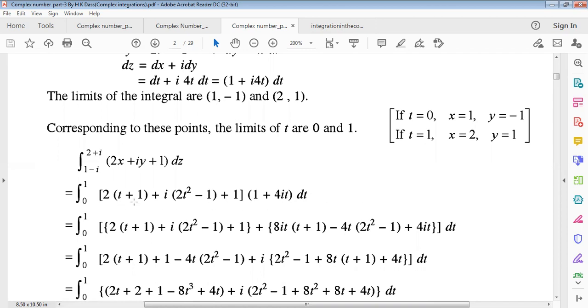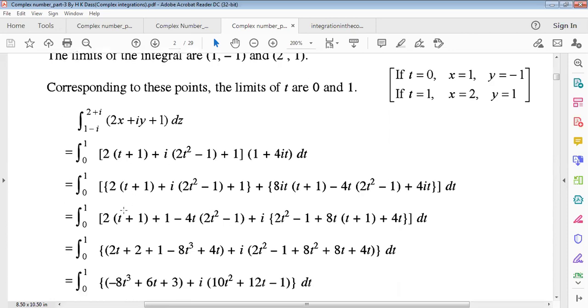Converting to t, now 2 into t plus 1, i into 2t square minus 1, plus 1, and 1 plus 4it. 1 into this whole bracket plus 4it into the whole bracket. Just multiplying. Now 2 into t plus 1, just i.